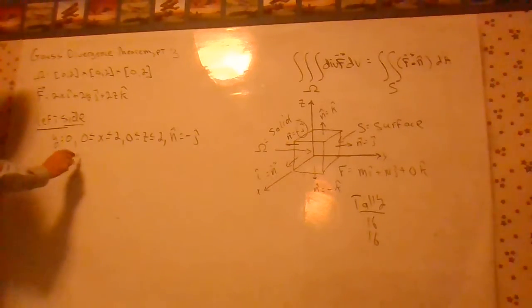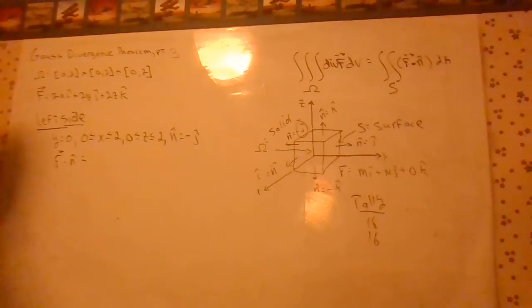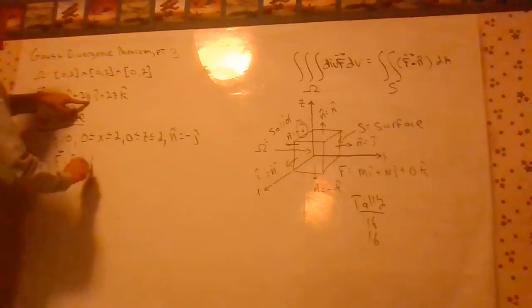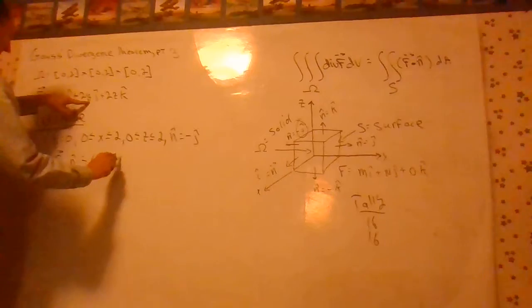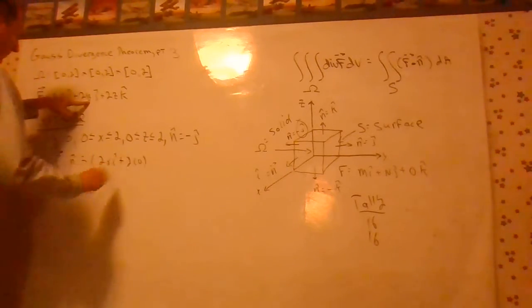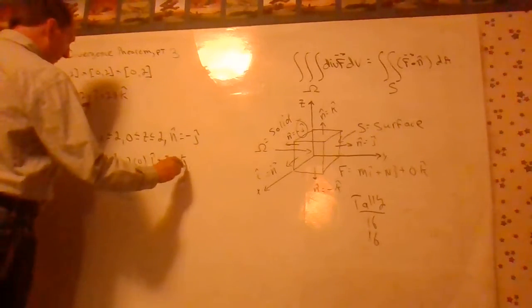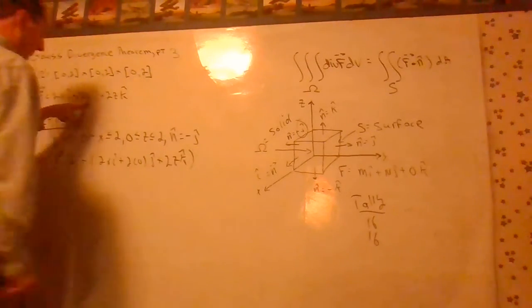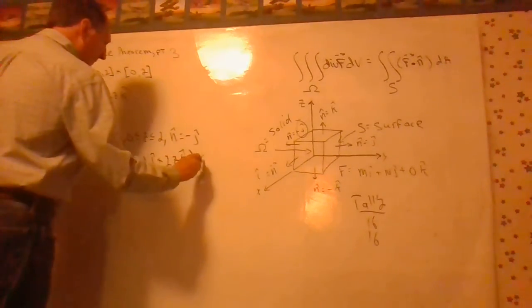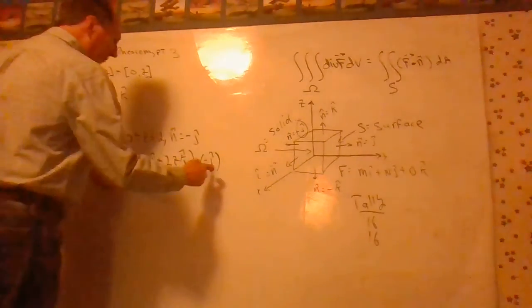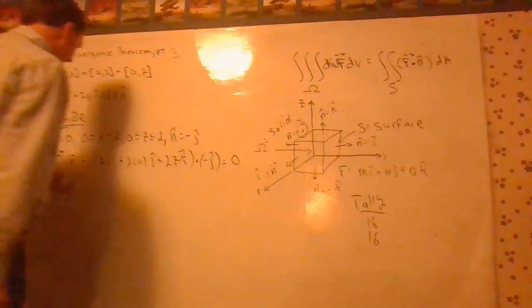And so F dot n is equal to, we can put in 0 for y right here, 2xi plus 2 times 0 j plus 2zk, and that's dot negative j. Well, guess what? 0 times negative 1 is 0.